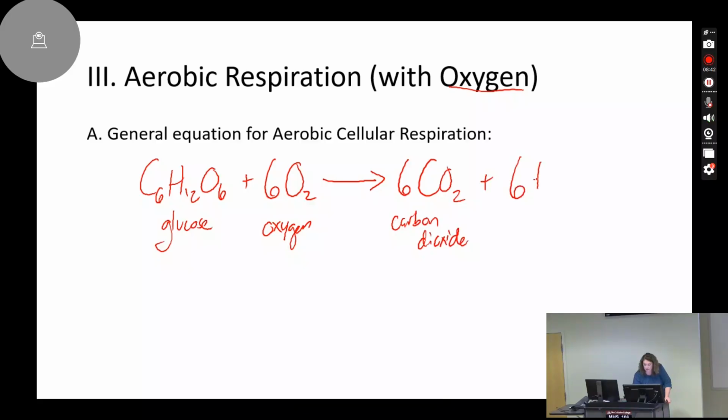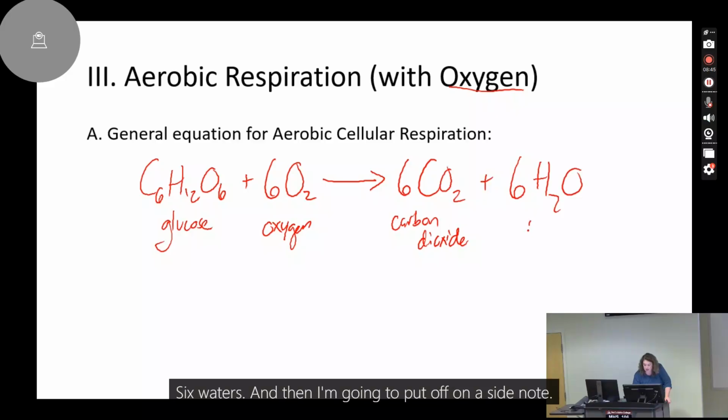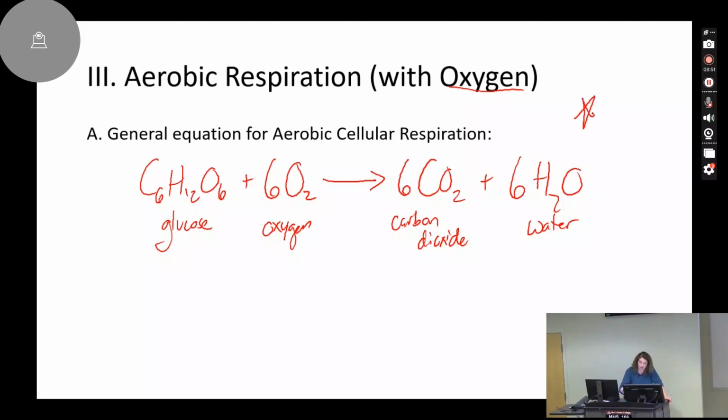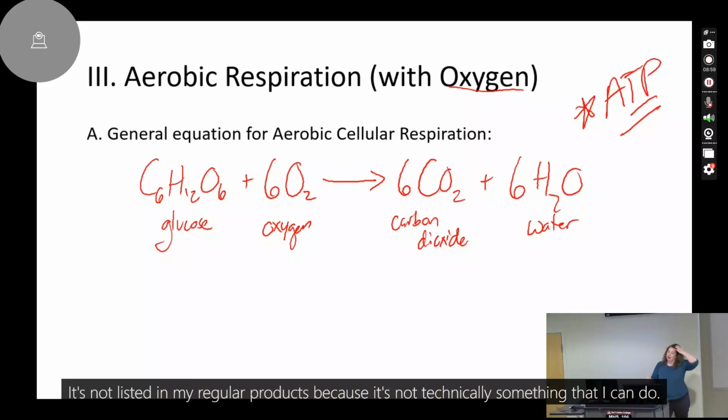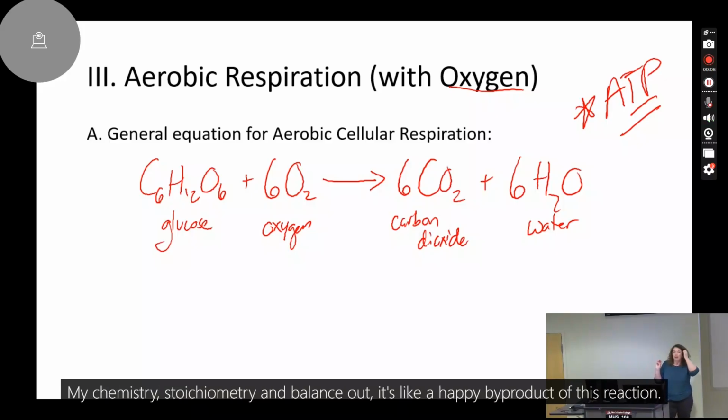plus 6 waters, and then I'm going to put off on a side note, plus a whole bunch of ATP. It's kind of off to the side. It's not listed in my regular products because it's not technically something I can balance with chemistry and stoichiometry.